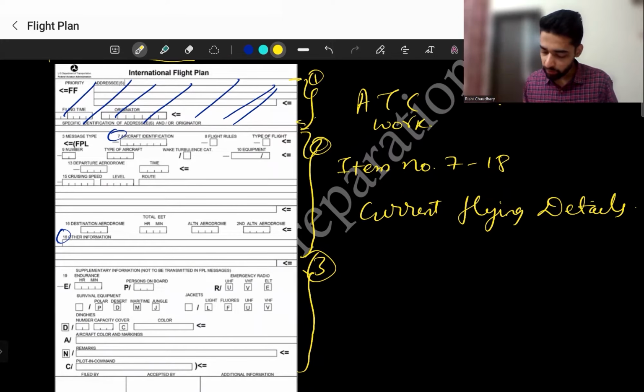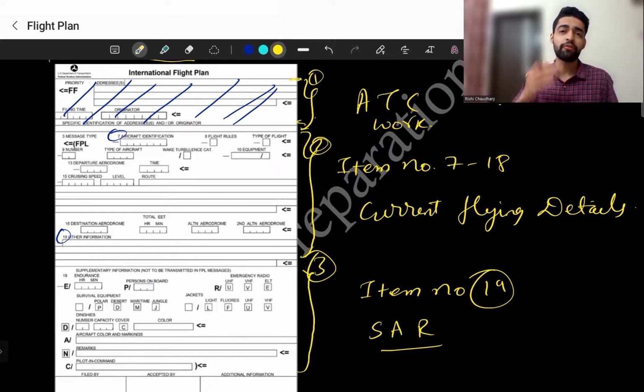Okay. Now coming to the third section, this has only one item number, that is item number 19. You can see how big it is standalone, like it is taking a lot of space. Why? Because it deals with search and rescue operation or search and rescue detail. So just imagine if you have lost your route and you want to land in ocean or something like that, then we have to fill.